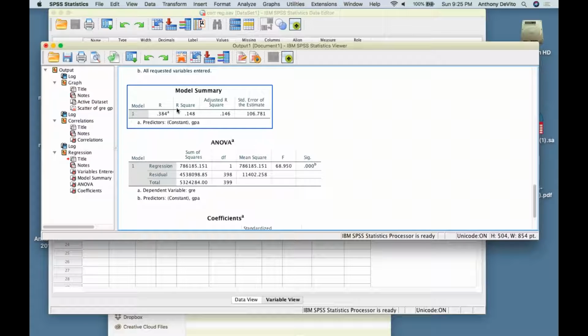Number one, but it also tells us that the change in the value of the person's grade point average accounts for around 15% of the variability in their GRE score. Aha! Now, what does that mean to us? That means that there's a certain amount of predictability here, between grade point average and their GREs, but only 15% of the variability, in other words, how different it is based on the person's grade point average.